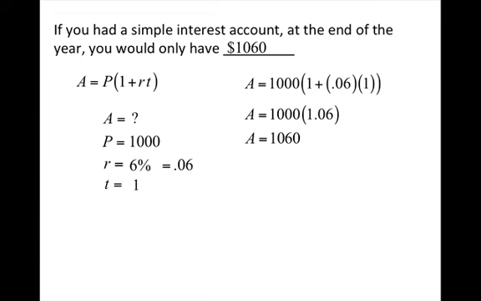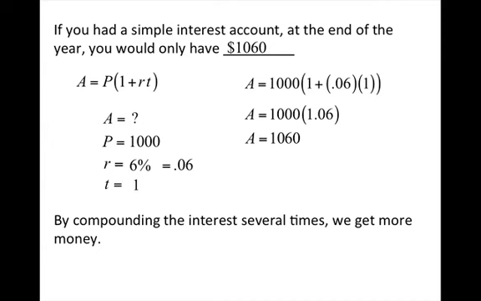And we saw with the compound account, we ended up with $1,061.37. So by compounding the interest several times, we ended up with more money. It was just $1.37, but it was still more money. If I had invested more than $1,000, the extra interest would have added up more.